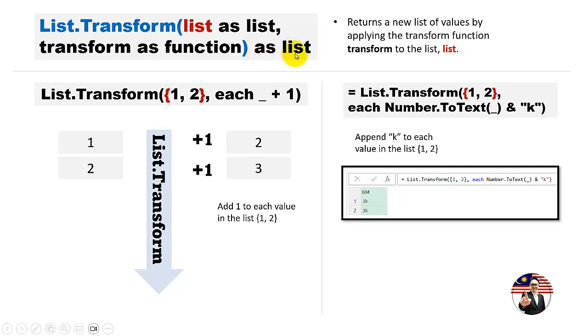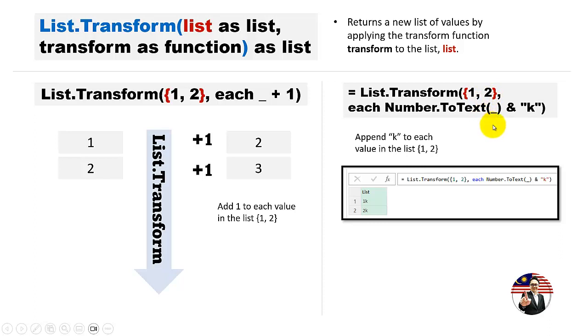Now, let's look at the next example. List.Transform, 1 over 2, each. And then for each of the items, what kind of transform function do they apply? Well, it's called number to text, because the original list is a list of numbers.